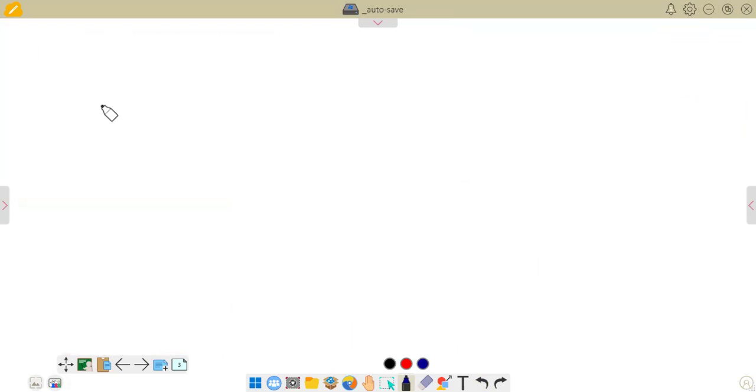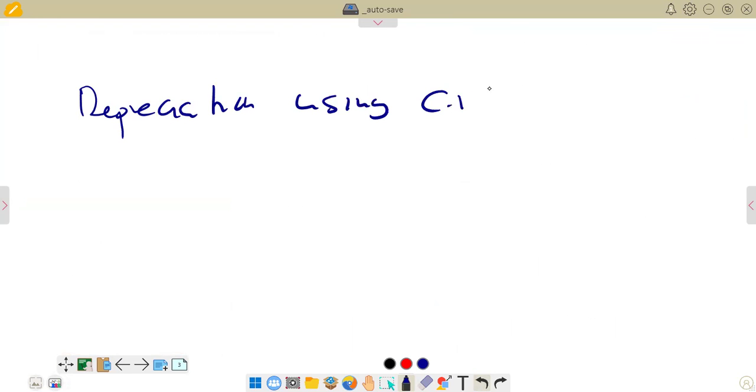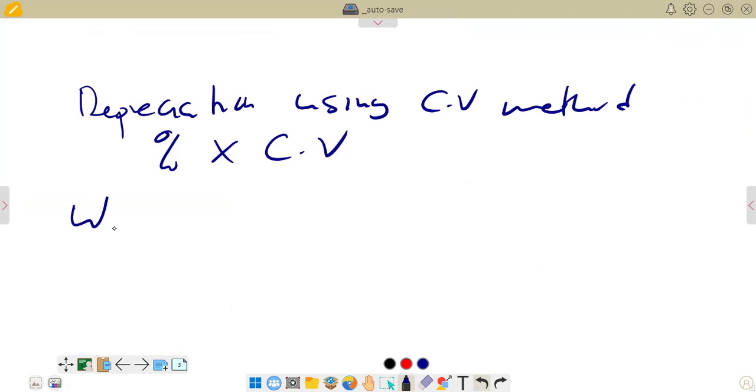So remember the formula that we use for depreciation using the carrying value method. The formula is percentage times the carrying value, where carrying value we get by saying cost minus accumulated depreciation.